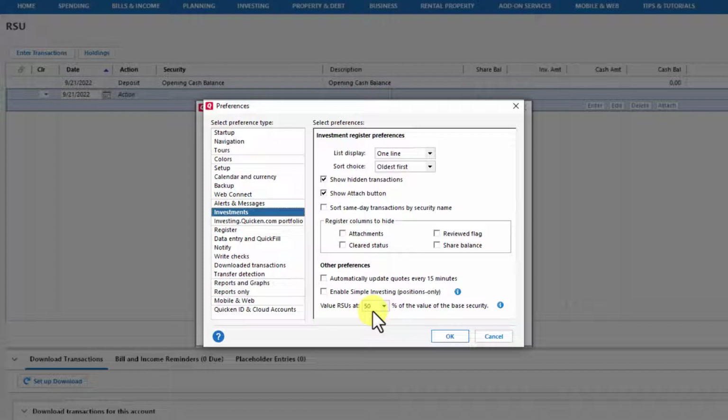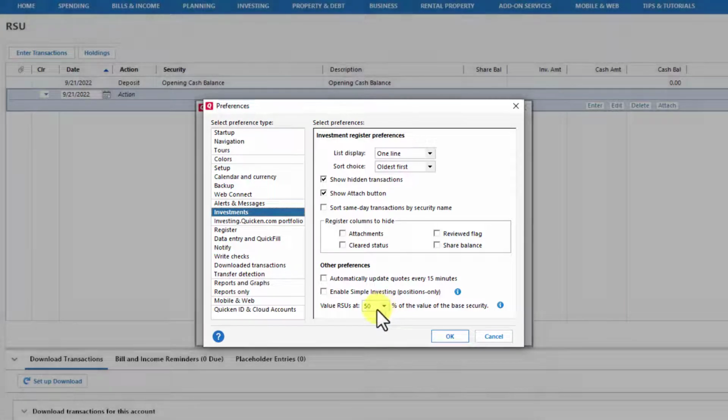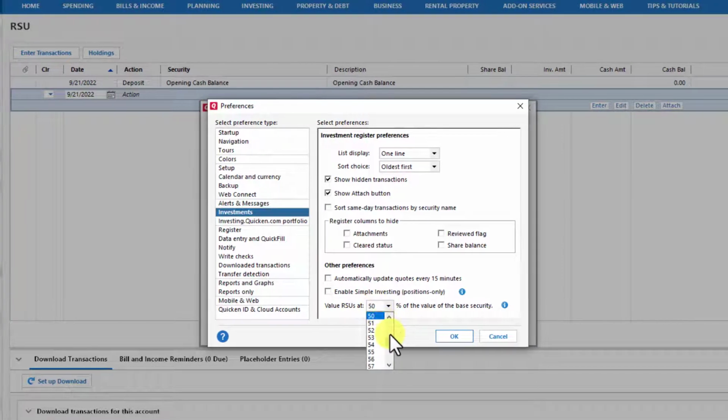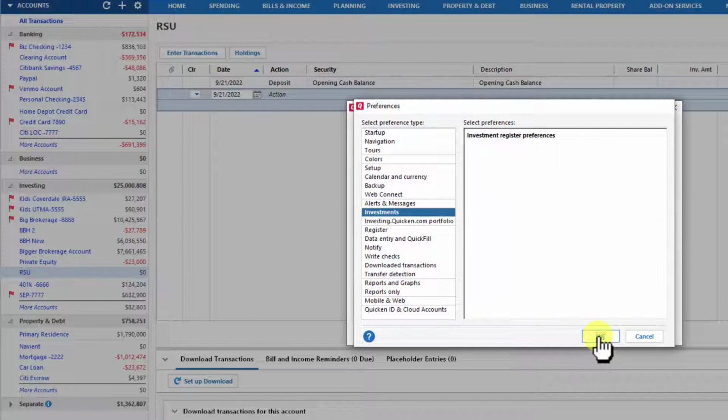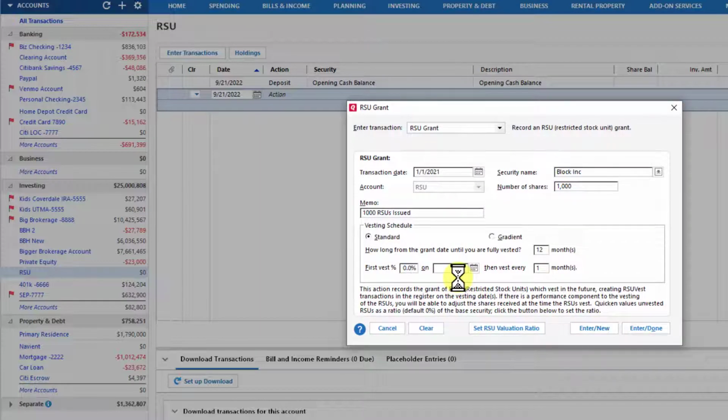If you quit or if you're fired, you don't get anything. So there is a value assigned to that. You don't want to make your net worth look much higher than it actually is. So you might want to say, I'm only going to recognize 50% of the value because there's a 50% chance that I'm still around when all of these things vest.